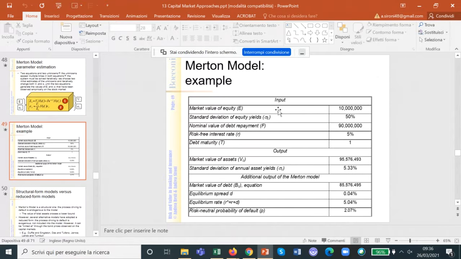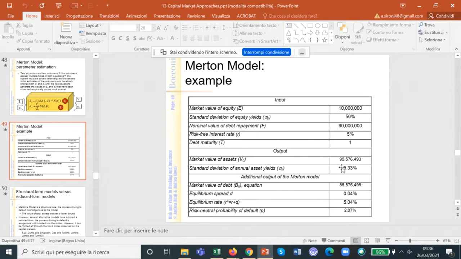Now, the intermediate outputs, I mean, the two unknowns we were looking for: the market value of the assets is 95 million, and it can be estimated based on those equations. And the standard deviation of the asset volatility, sorry, is 5%. So as you can see, we actually have an asset volatility of 5%, and then, given the high leverage, it gets transmitted into 50% equity volatility. Okay.